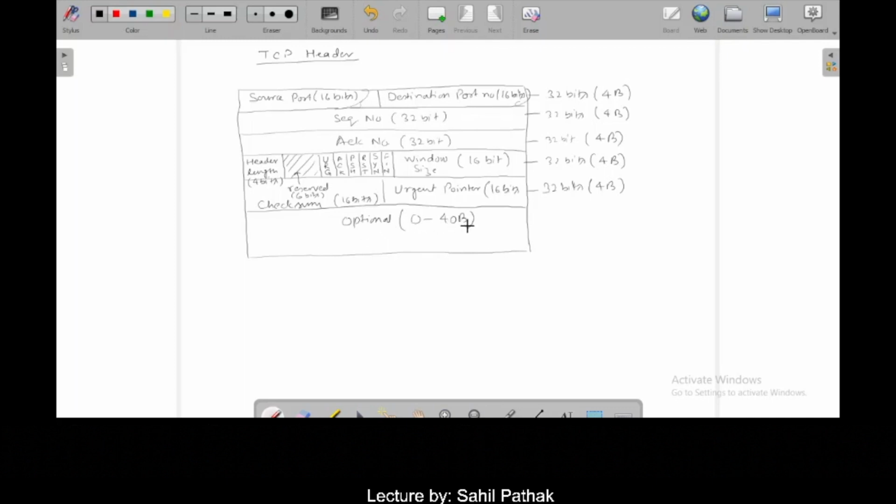Again, it is variable. Okay, 0 to 40 bytes, and the rest is your data. So this is the structure of your TCP header. Now we are going to discuss one by one each and every field present here. So first we will see the source port number and destination port number.